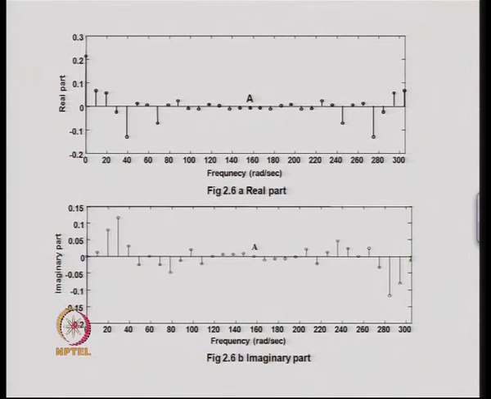Therefore, the a n square plus b n square values on the left hand side of A and on the right hand side of A are the same. We do not get any additional information from the right hand side. Similarly, the phase that we calculated, that is tan inverse b n by a n, also remains the same for the two parts on either side of A. So, we consider only up to this frequency to plot the Fourier amplitude spectrum.